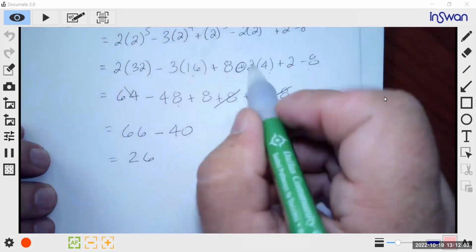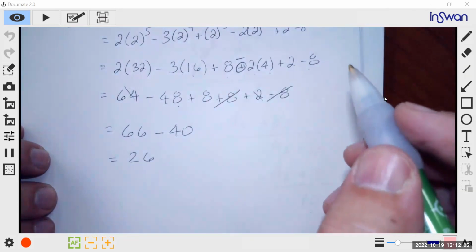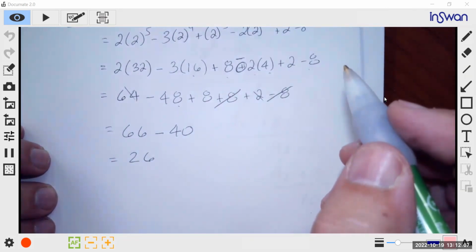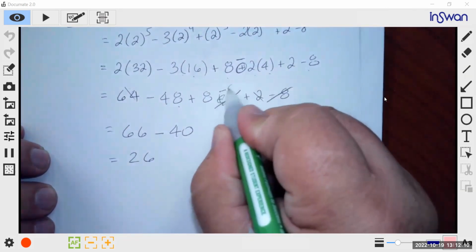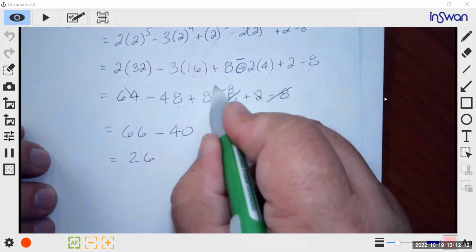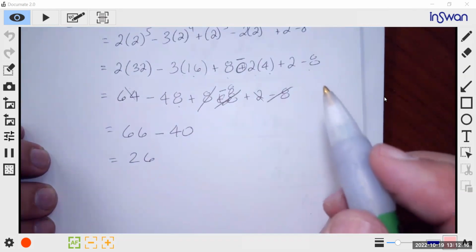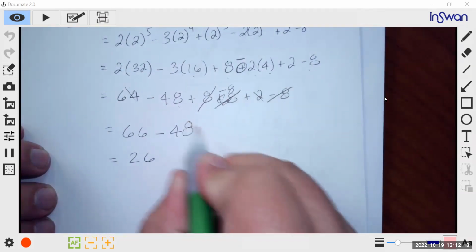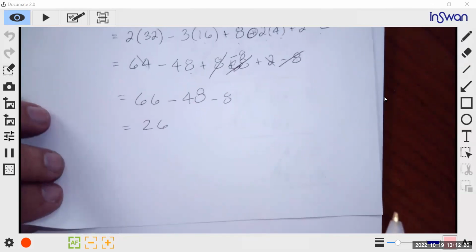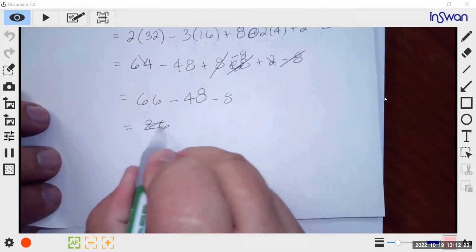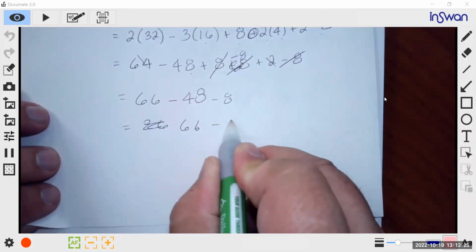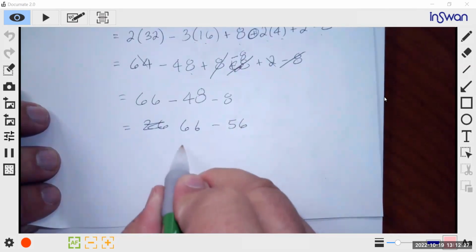It should be a negative. So this 8 and that 8 should cancel. Yeah, so we should have minus 48 minus 8. So it's 66 minus 56, which is 10.